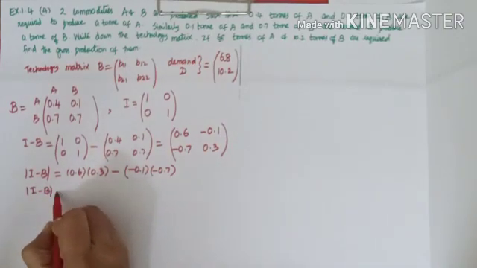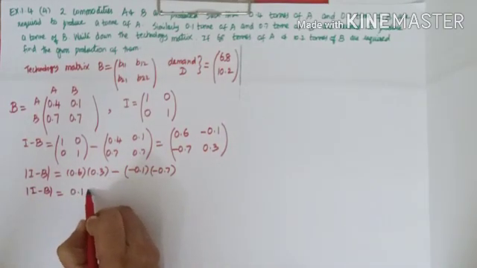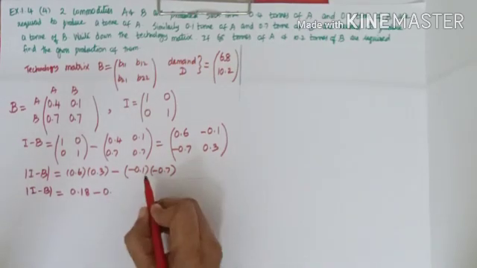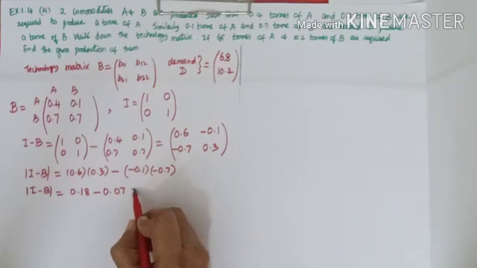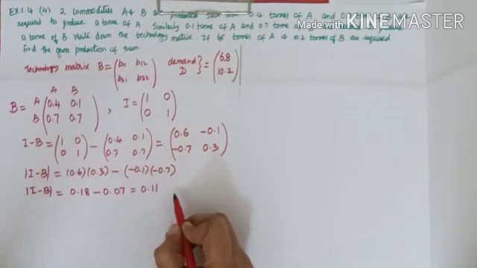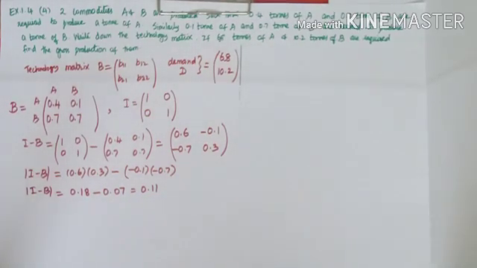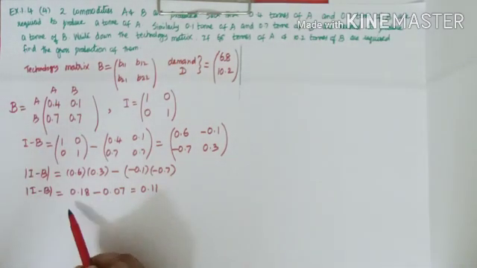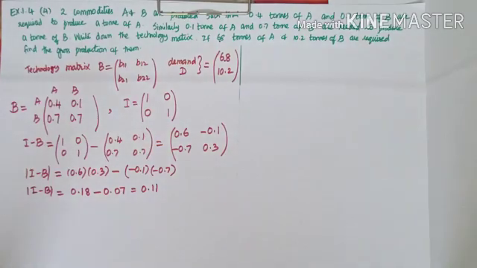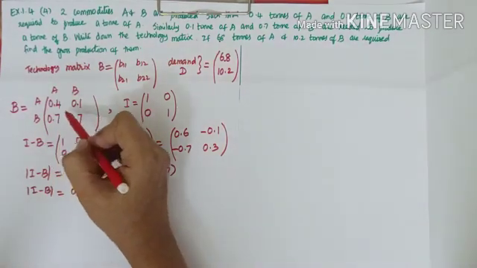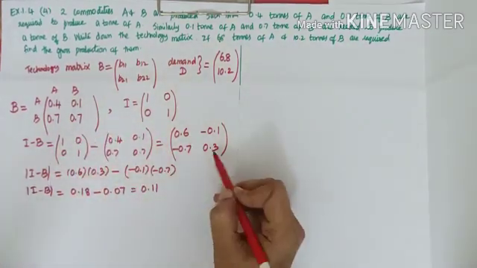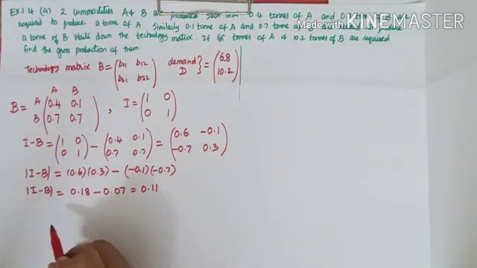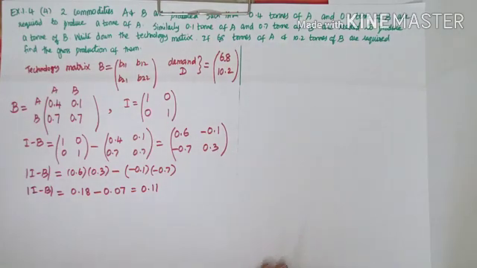Determinant I minus B equal to 0.18 minus into minus into minus minus 0.07, which is 0.11, and it is positive. Now we know what is B and what is determinant I minus B. Main diagonal elements in I minus B is positive. Determinant I minus B is positive. So the system is viable and we can proceed.